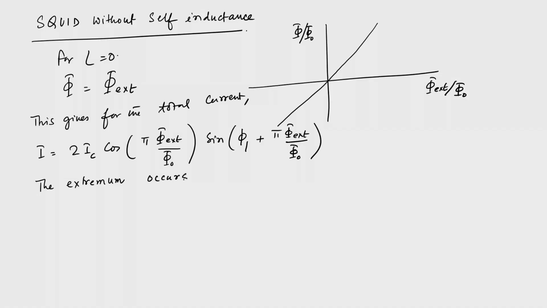So, the extremum occurs when the only variable is of course phi 1 on the right hand side.